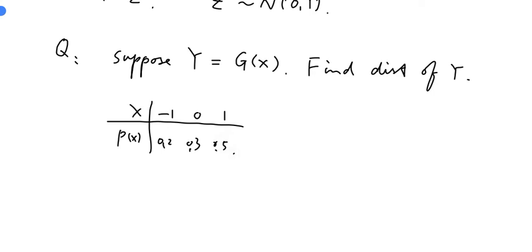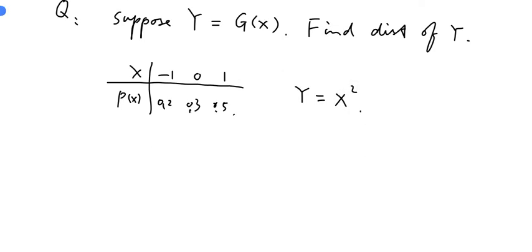So we have this distribution for X. And now we want to find the distribution for Y, where Y equals X squared. So what is the distribution for Y? Such a problem is easy, right?